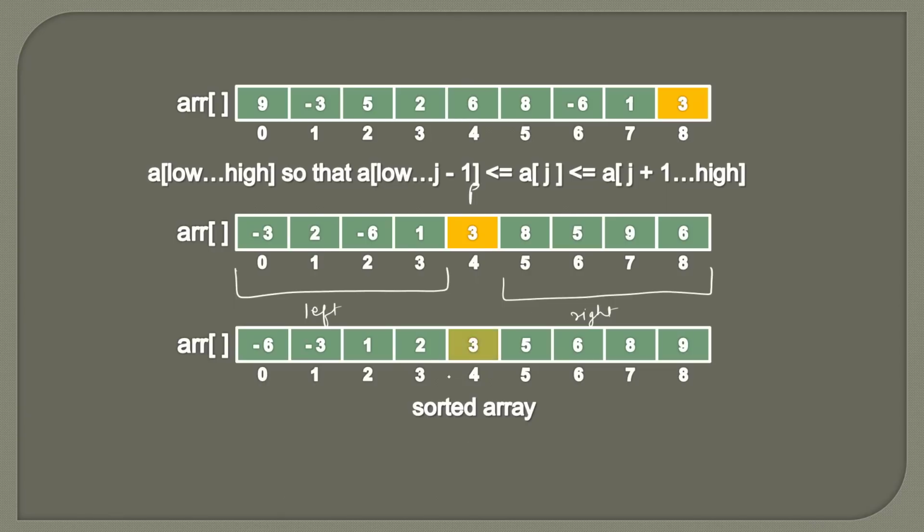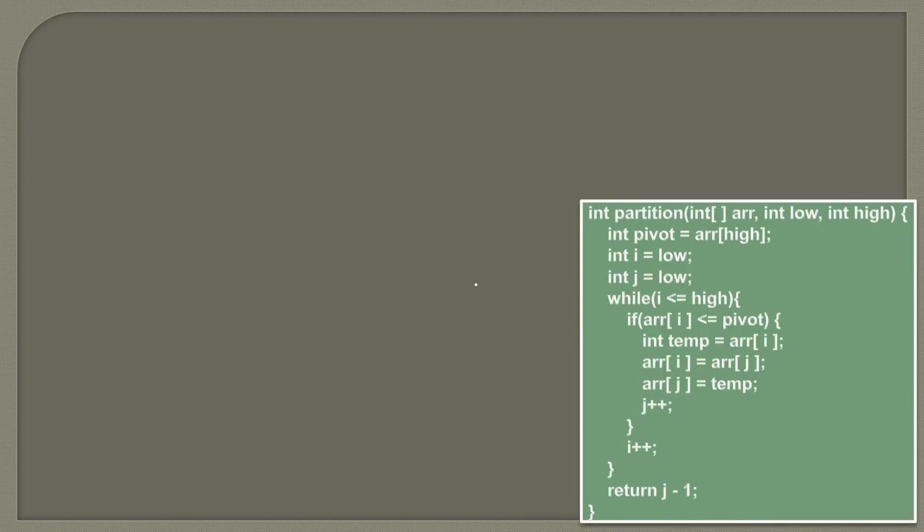Here you will see that the pivot after the partition was at the 4th index, and once the array got sorted completely, it was still at the same index, because when we partition the array in such a way that this condition holds true, which we discussed in our previous video as well, the pivot is at its sorted position. Now let's see how this partitioning happens.